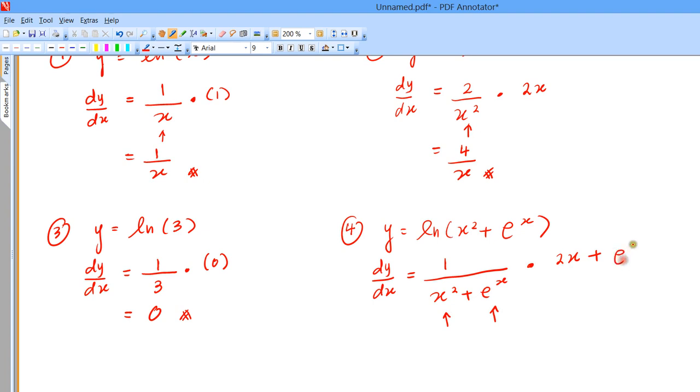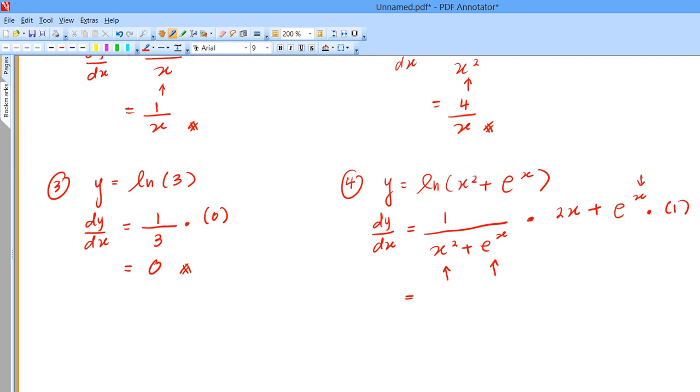So we have e power of x times differentiate power equal to 1. So the final answer here equal to 2x plus e power of x over x square plus e power of x. Okay, we can cancel term here because we can factor out one of the term.